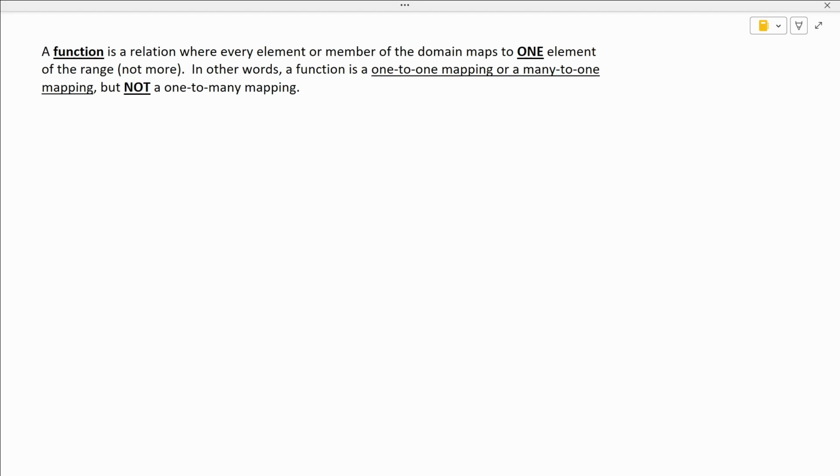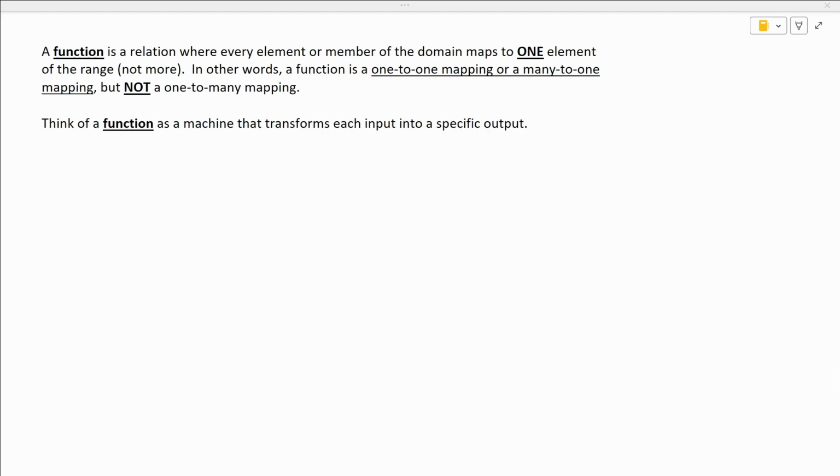In other words, a function is a one-to-one mapping, that is, every element of the domain maps to one element of the range, or a many-to-one mapping, that is, you could have more than one element of the domain mapping to the same element of the range, but not a one-to-many mapping. One-to-many mapping means you have one element of the domain mapping to many elements of the range. That's not allowed for a function.